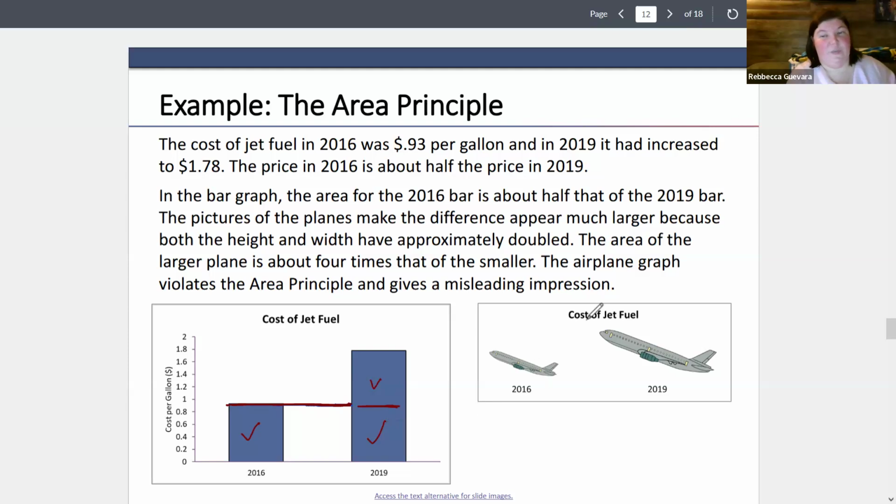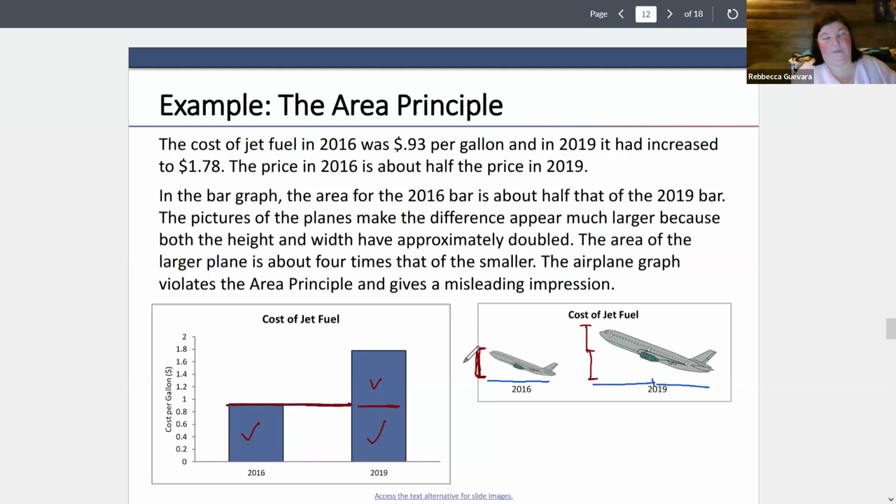The problem is that when I try to make a picture image like this, so I have this jet, what's supposed to be showing you is that it doubles. Like I said, usually the problem is focusing on one aspect of the dimension. So we focus maybe just on the height of this image, and we go, hey, I want to show I have twice as much, so I double the height of that image. Well, that's not the only thing that doubled. The length of my image also doubles with it.